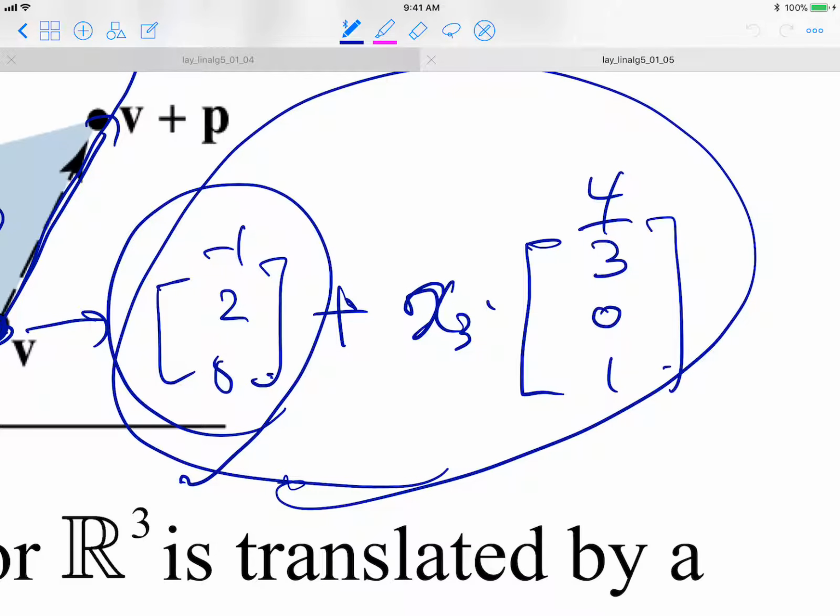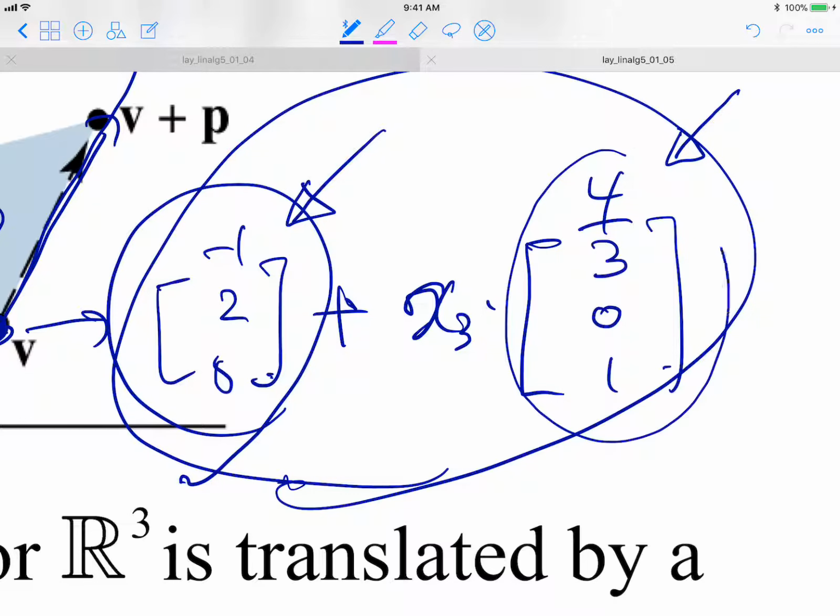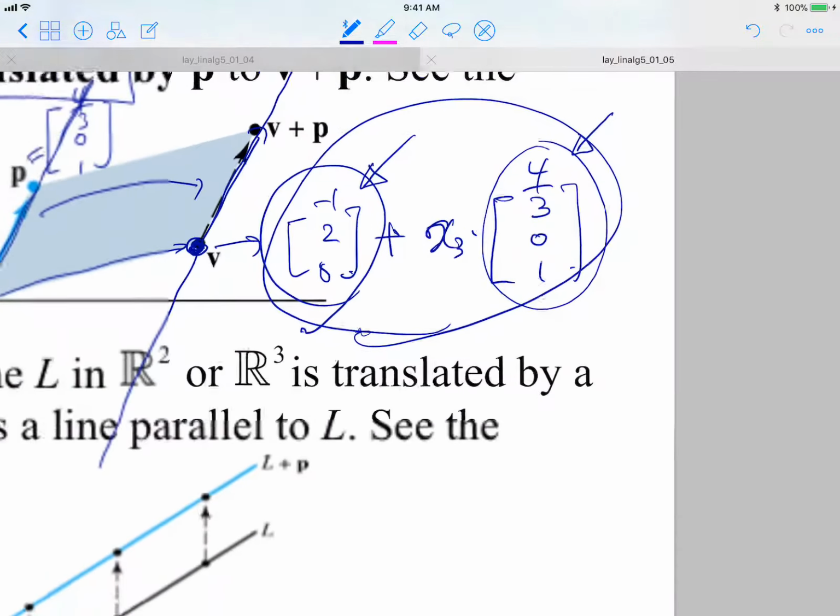So this was our solution for our homogeneous linear system, and we interpret it as follows. It passes through this point, and it also has this particular direction.